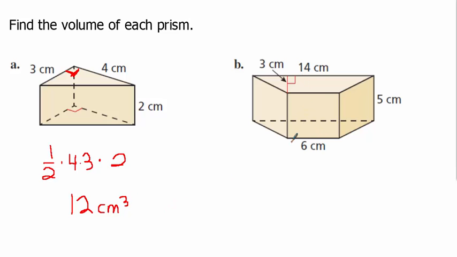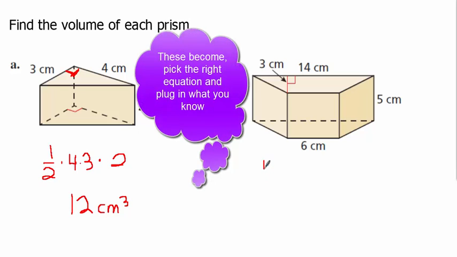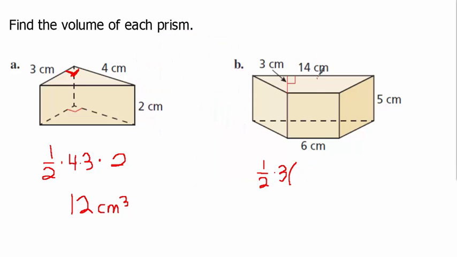The area of a trapezoid is a more complicated equation. It is 1/2 times the height. For the trapezoid, that's going to be 3 times what we consider the sum of the bases. And if we're looking at this shape here, I need this 14 here, and this guy is the same as this, it's 6. So it's going to be 14 plus 6. That's the area of the trapezoid times the height of this entire shape is 5.